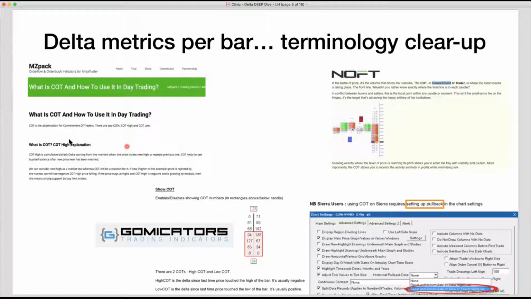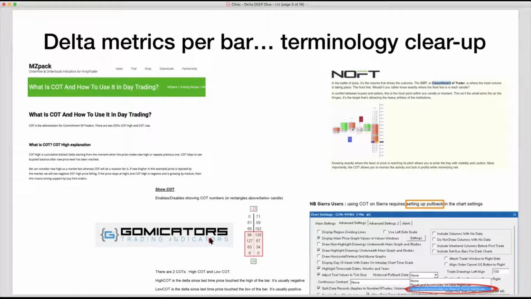So what they're actually saying is if we have a candle, like we see here, and we make a high, but we start to come down from the high, the COT value is the delta that's been occurring as we come off the high. So it's not the delta within the candle, but if we go up and we come down, so here's minus 23, on the way down, the new volume that occurred since this price point was net minus 23 contracts.